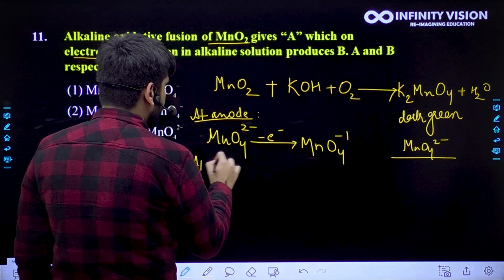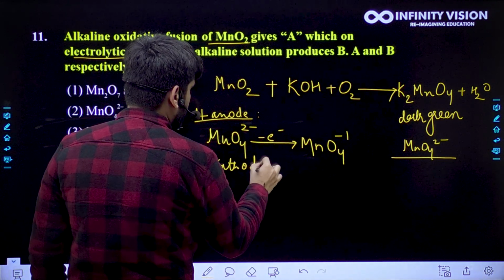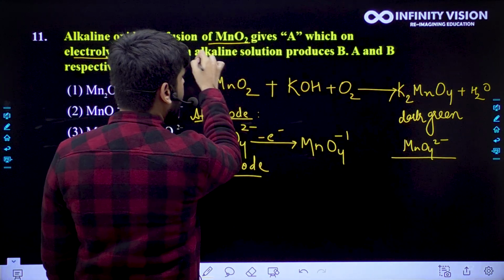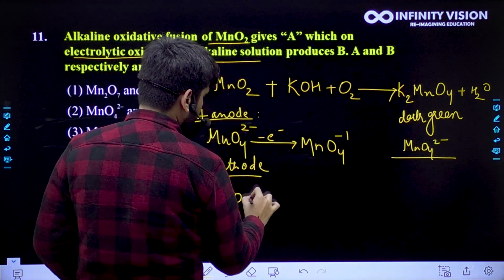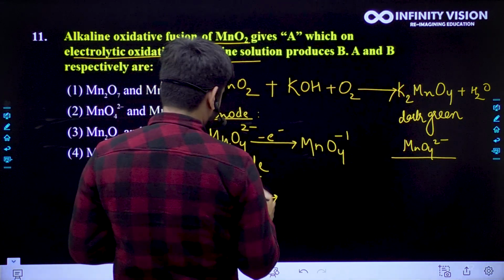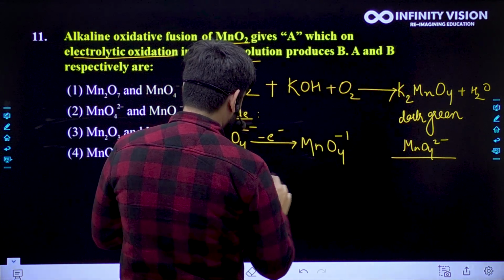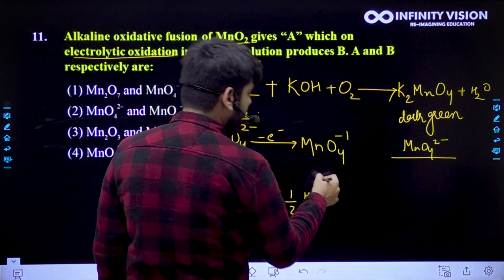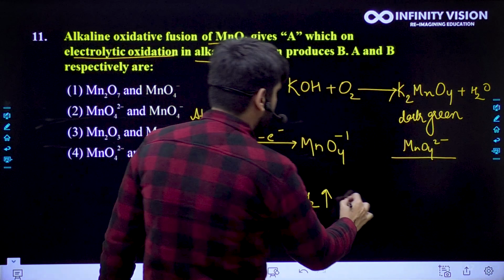And what is happening at the cathode? Basically, this is electrolytic oxidation in alkaline solution. So what do we have? We have water, which takes up this electron and gets converted to half H2. So H2 is released at the cathode, and we have OH-.